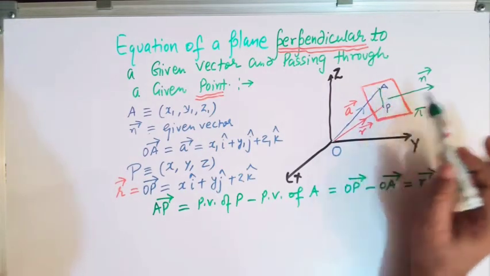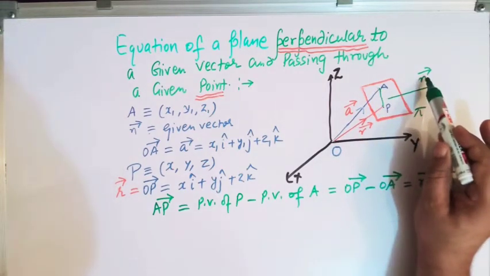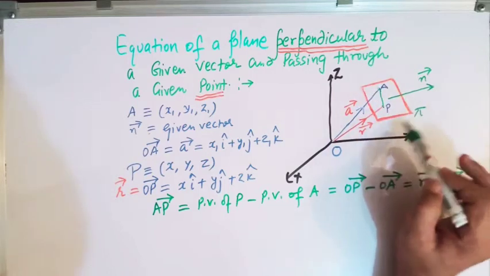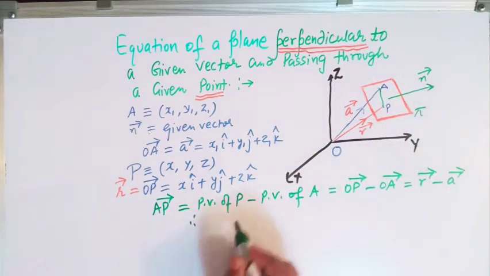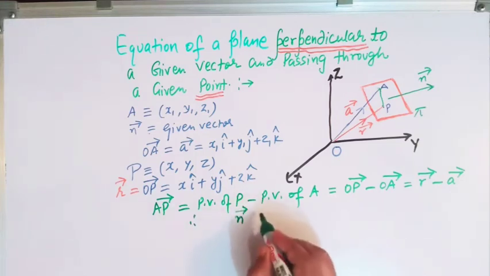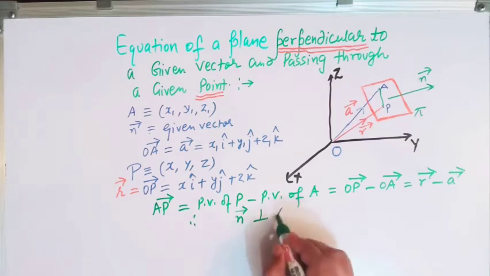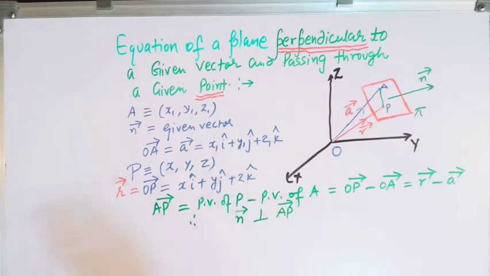Okay, now we see that this vector n is perpendicular to the plane, so therefore vector n is also perpendicular to the vector AP, right?